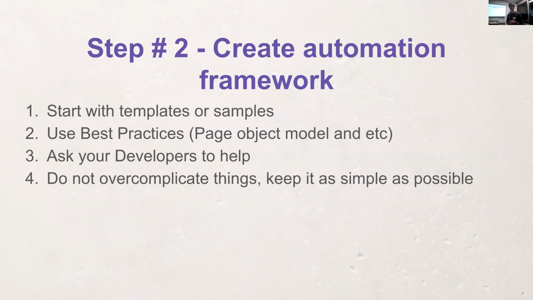I would say it's better to spend extra time here creating a framework and making it more scalable than changing it afterwards. Just keep in mind that maybe a year from now you will have 500 test cases, and your framework should fit all of them and should not change very frequently.